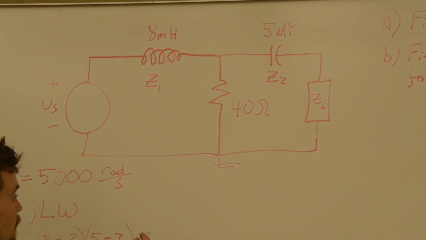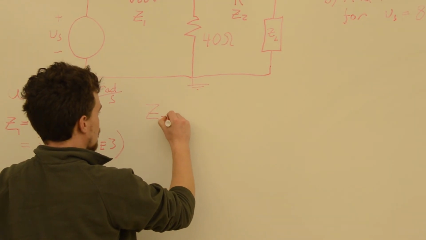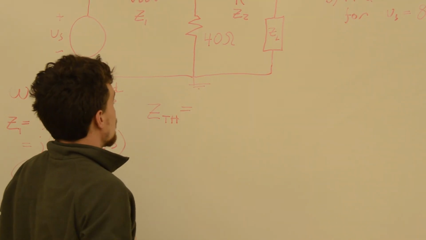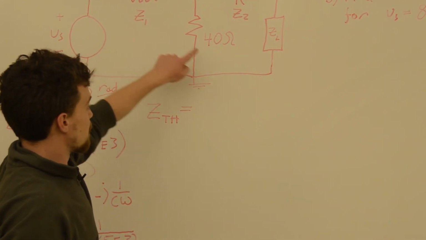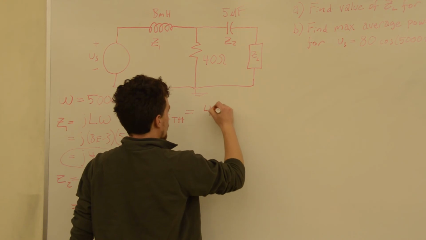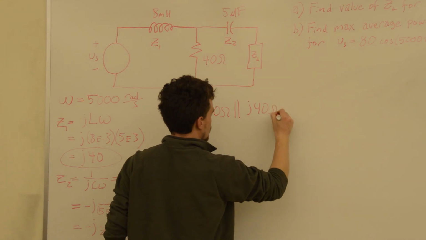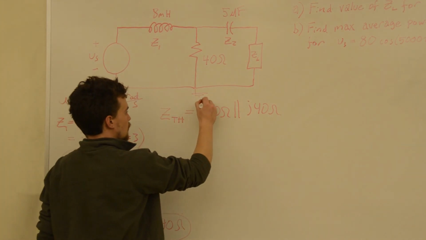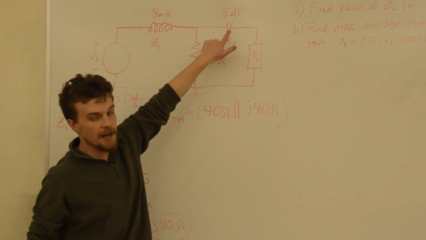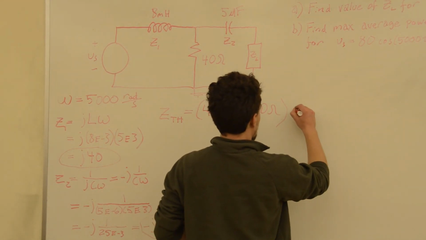So your Thevenin impedance is equal to 40 ohms in parallel with j40 ohms, which is the value for the set of these two in parallel, and then we just add this impedance to it, which is minus j40.